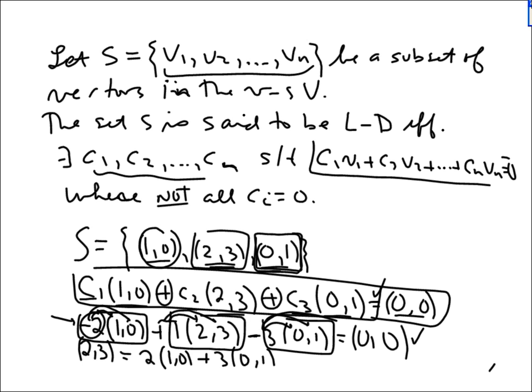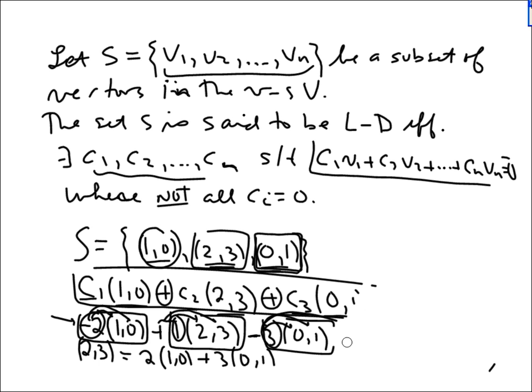They don't have to all be 0. Some of them could have been 0. All I would have to have done is add one more vector in the top set, the vector (7, 4). Where did I get it?